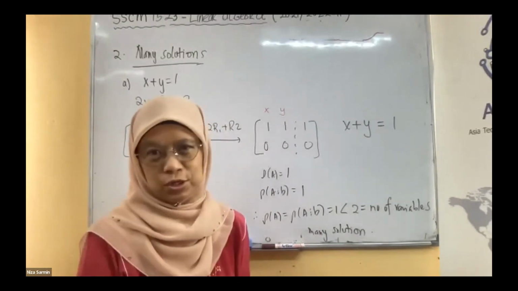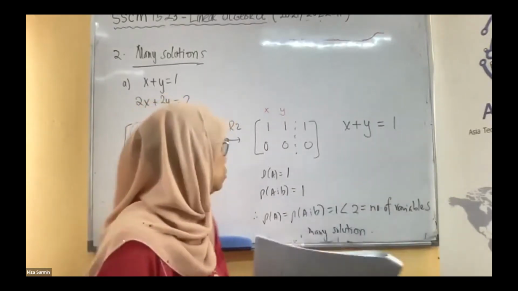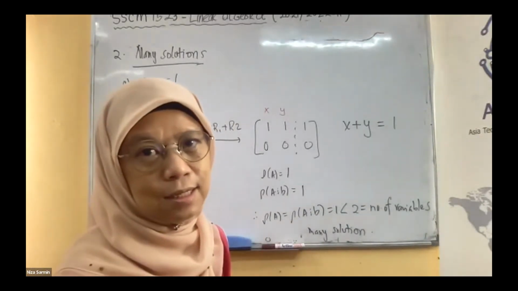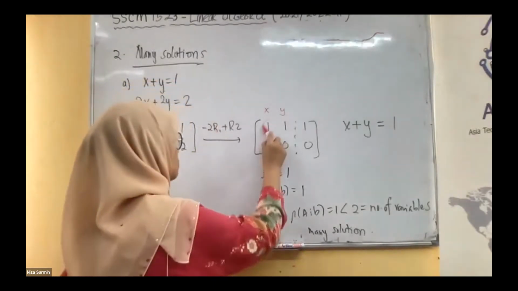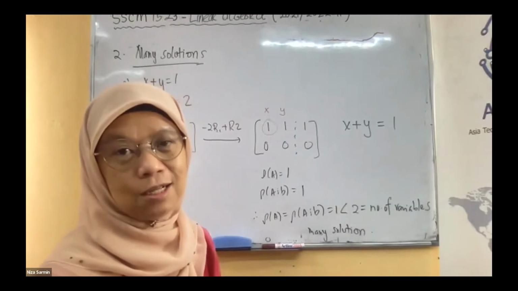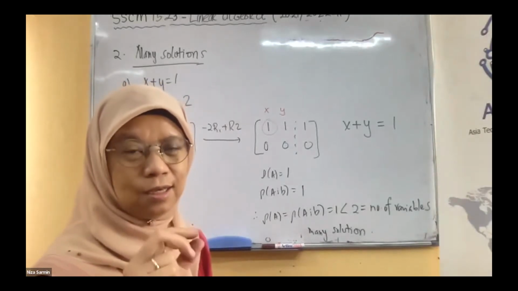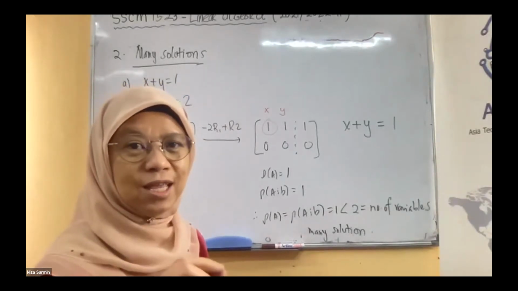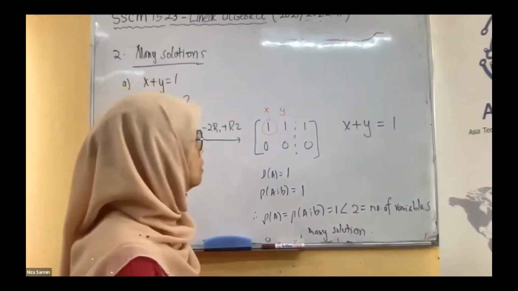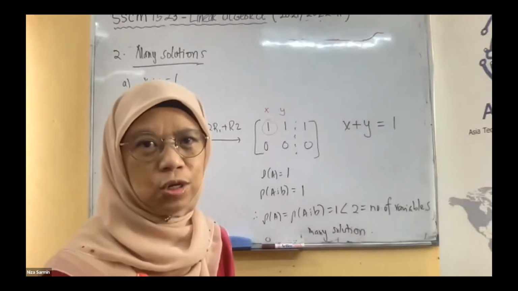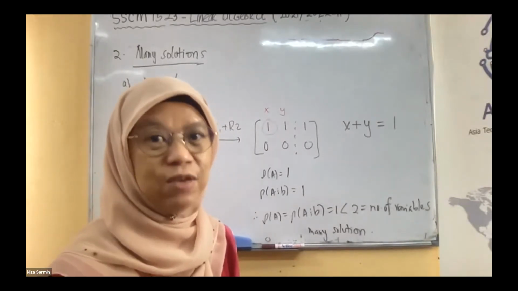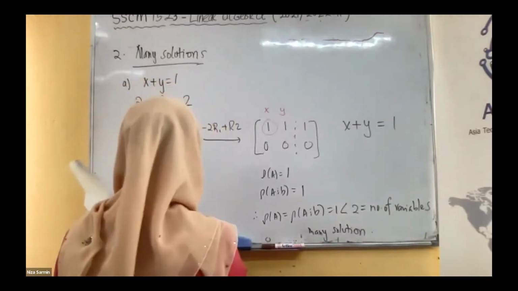Maybe before you wrote 0 equals 0, but in this class, what we write is you circle the leading one. The leading one that you circle is the variable that is not free. The column that you don't circle, that does not have a leading one, is the free variable, what we call a free variable.